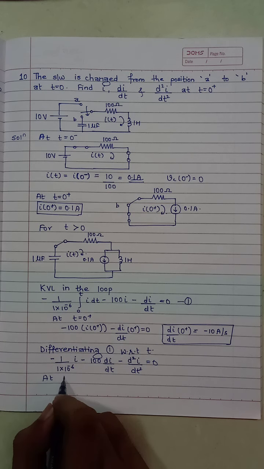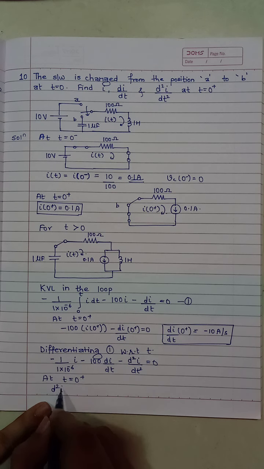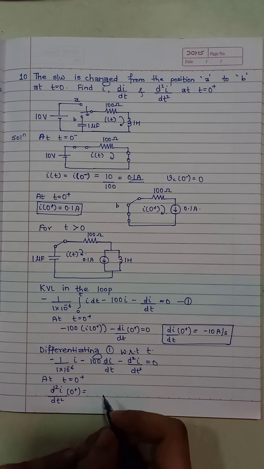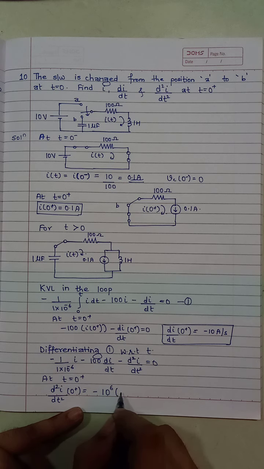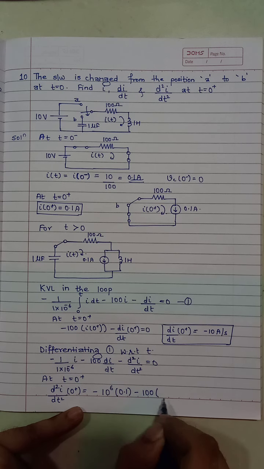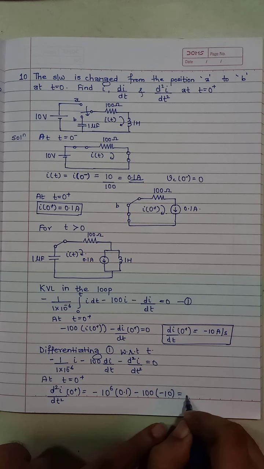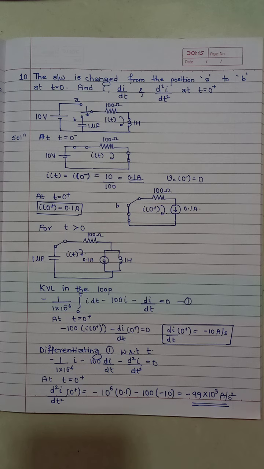At t is equal to 0 plus, we can find d square i by dt square at 0 plus will be minus 10 raised to 6 into i at 0 plus, which is 0.1, minus 100 into minus 10. So this will give you minus 99 into 10 raised to 3 amperes per second square. This is how we can find d square i by dt square.